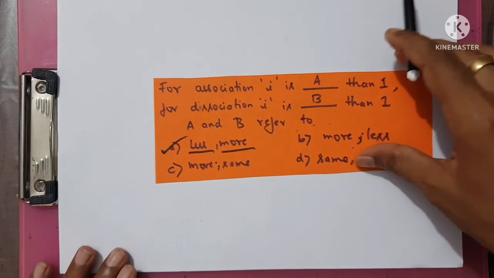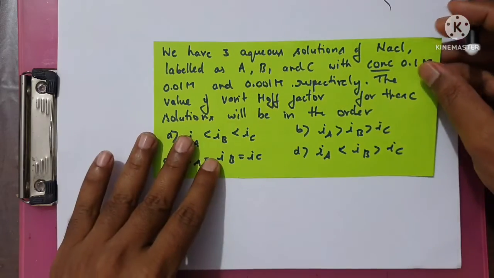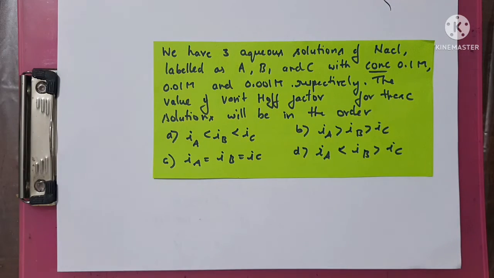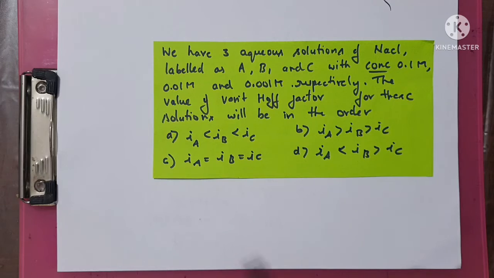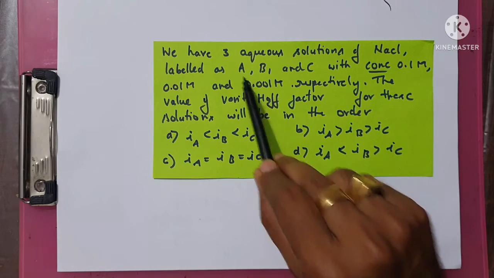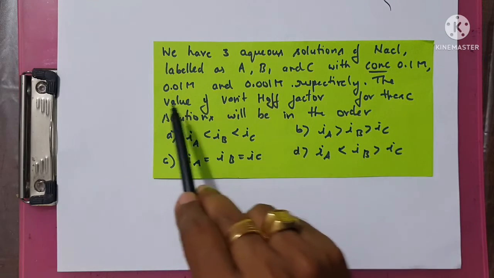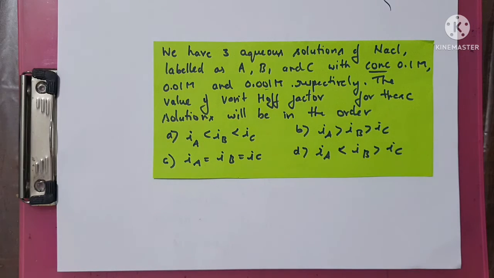Hope you have understood this question, and let me just show you one more very important question, children. You can solve this. It's very simple. We have 3 aqueous solutions of NaCl labeled A, B, C with concentrations: A is 0.1 molar, B is 0.01 molar, and C is 0.001 molar.